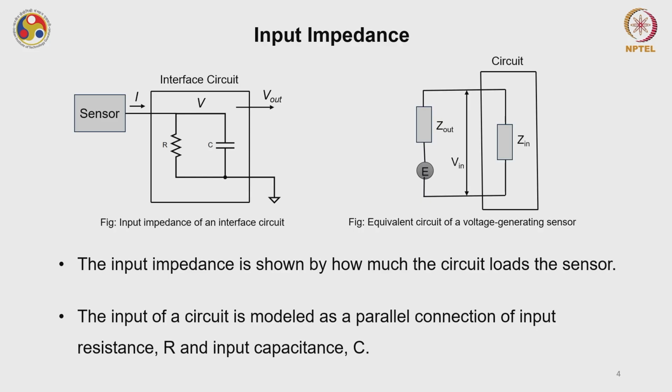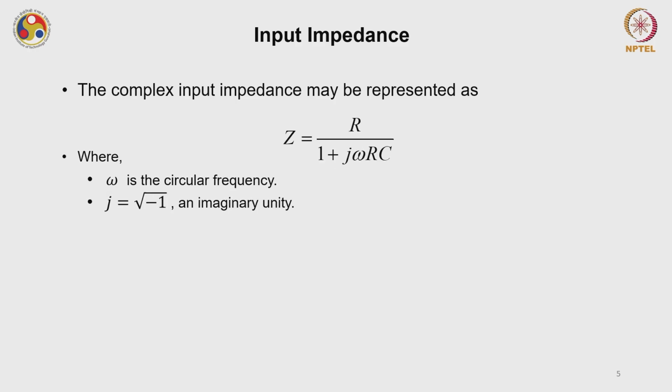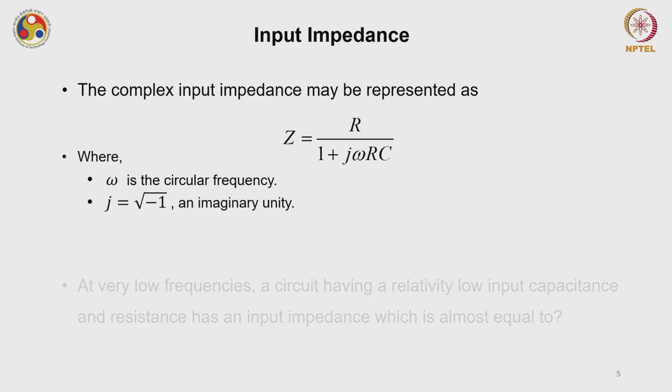The input of a circuit is modeled as a parallel connection of input resistance R and input capacitance C. The complex input impedance can be represented simply by Z equal to R by 1 plus j omega RC, where omega is the circular frequency and j is the imaginary unit, we all know.